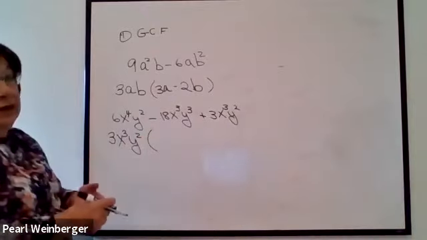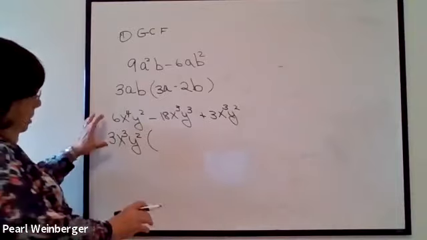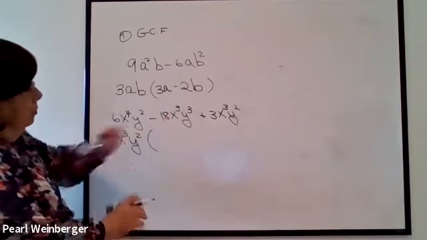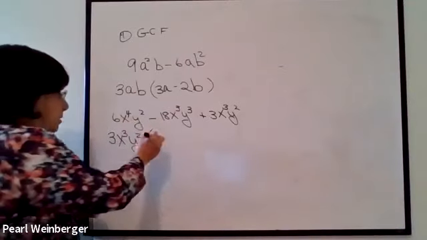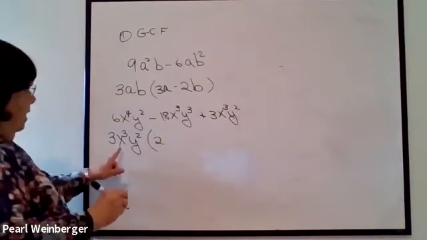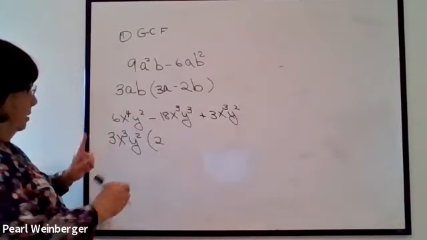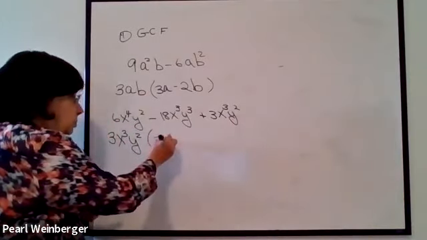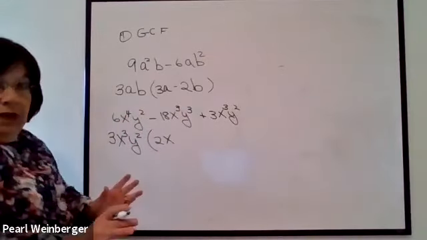Now I have to find what goes in the other polynomial. This is the monomial, now we're going to the polynomial. I divide 3 into 6, that gives me 2. The x cubed into the x fourth, 4 minus 3 is 1. That gives me x to the 1, which is just plain x. The y squared into the y squared cancels out.